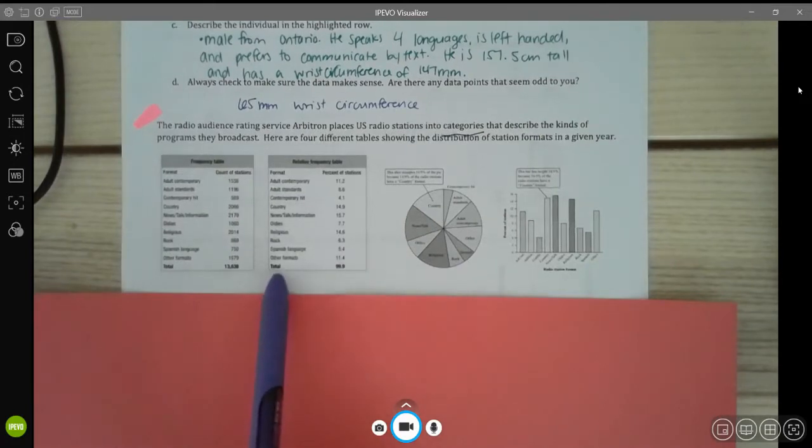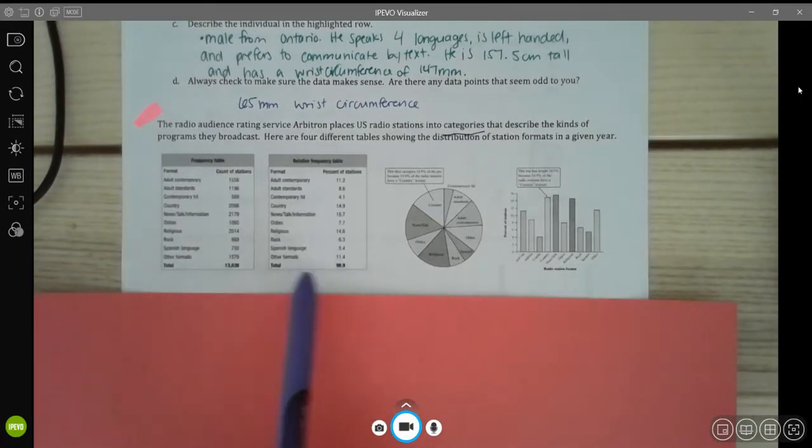You might also notice down here under total, this one does not total up to 100%, and we will attribute that to round off error, which just means when you round them, since it's not the exact decimal, sometimes it doesn't add exactly to 100%. That's okay. It just happens.